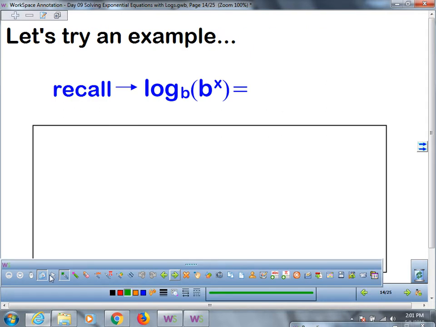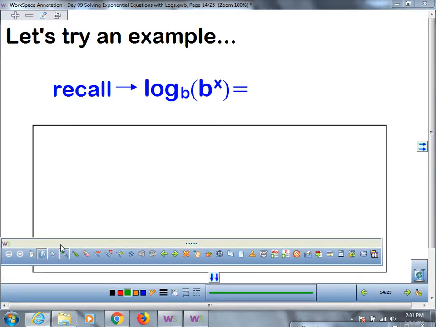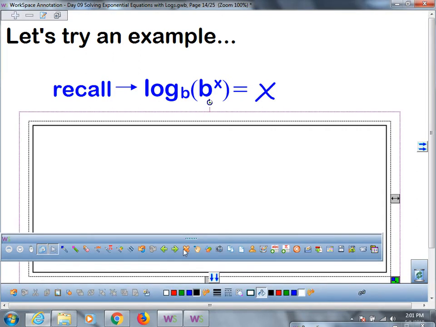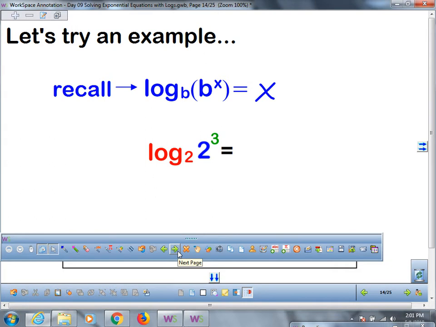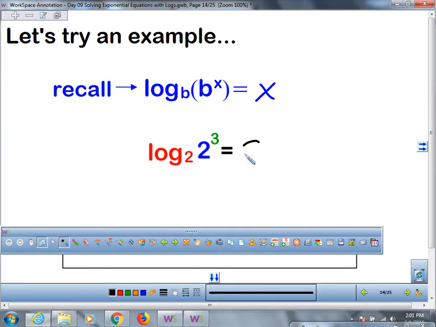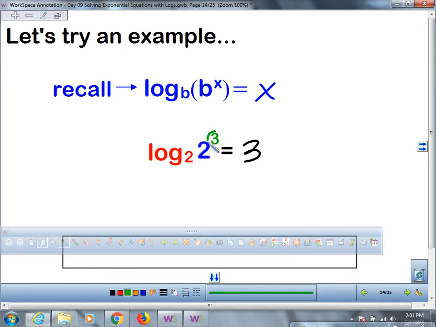So let's try another example. Recall, what is b to the bx? X, correct? Good. So if I were to do this problem, you would tell me the answer is 3. Now let's use the last property that we have. But let's use the property of, I'm going to pull that 3 out in front.